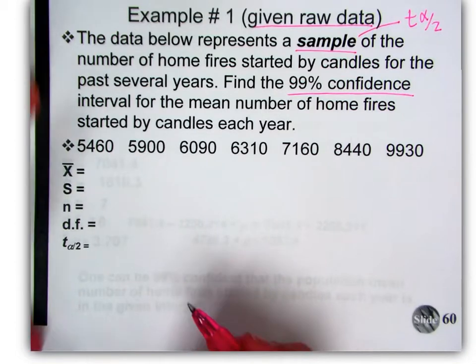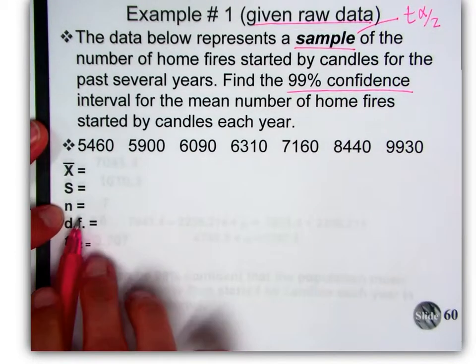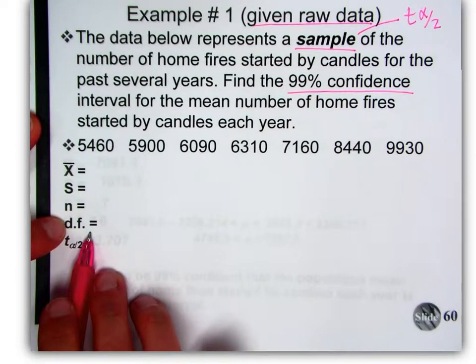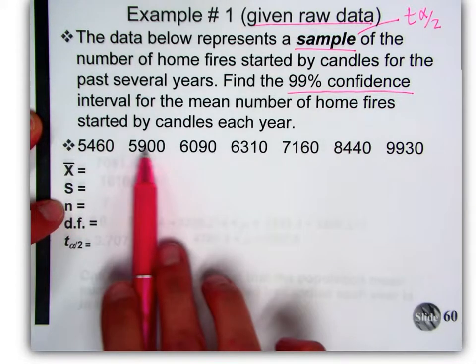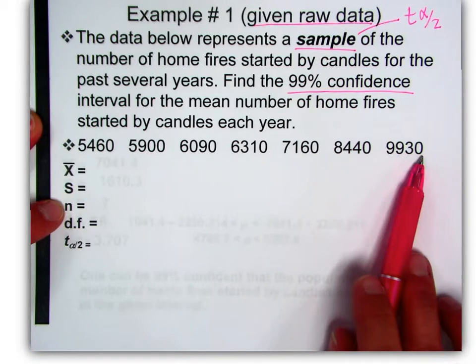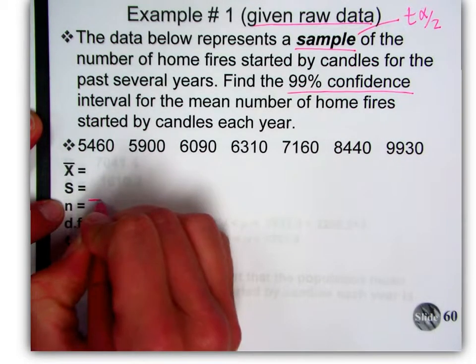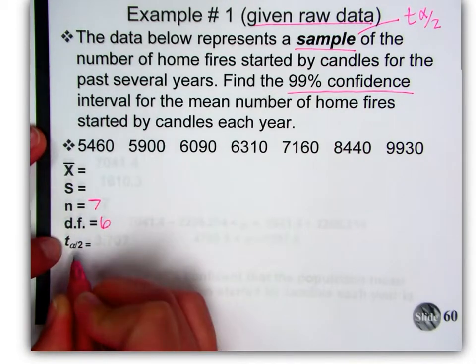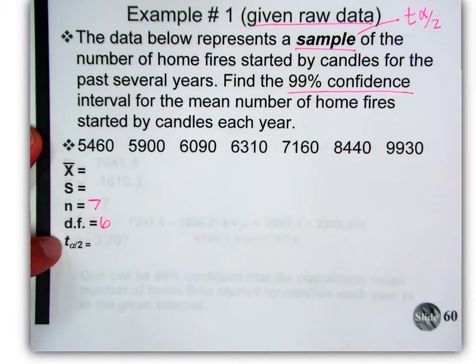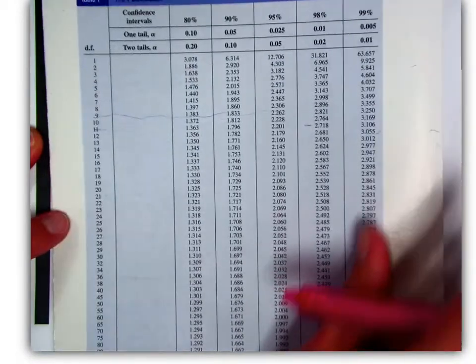So right away, let's write what n is equal to and what df is equal to. n is the number of how many I have in the sample. So I have 1, 2, 3, 4, 5, 6, 7. I have 7 homes, which means my df is going to be 6. So I can go ahead and find my t alpha over 2, my critical value, by using my distribution chart.